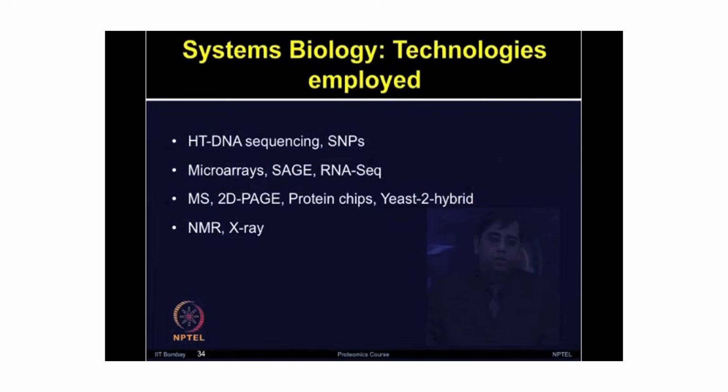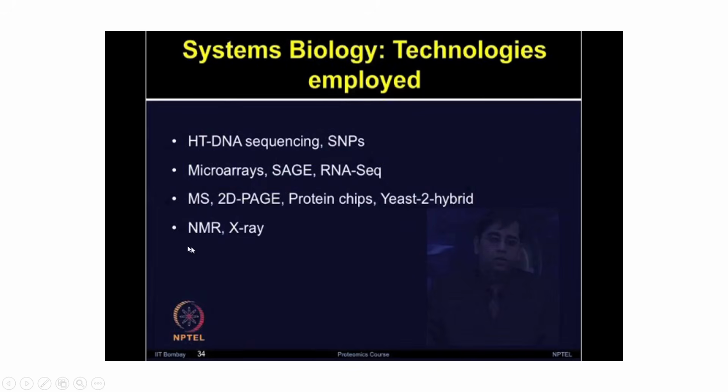For example, the person who is just studying genomics sequencing, it is still a part of system biology. Just studying 2D PAGE, it's still a part of system biology. In terms of proteomics, these are different proteomics techniques. This is the interactomics technique.